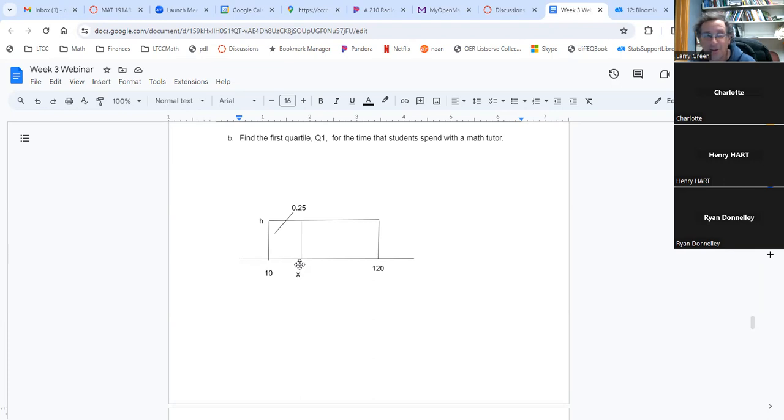It is the value of x that gives you the first quartile, so that 25% is below that value. The first quartile is an x value. You could call it Q1 if you want, but since we're going to do a little algebra, I'm going to call it x for now. That help a little bit?